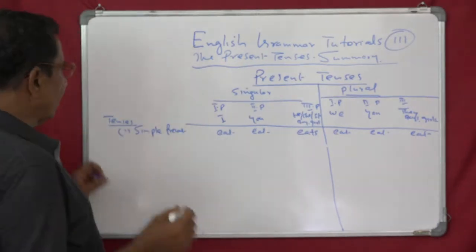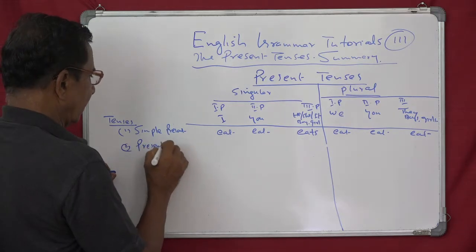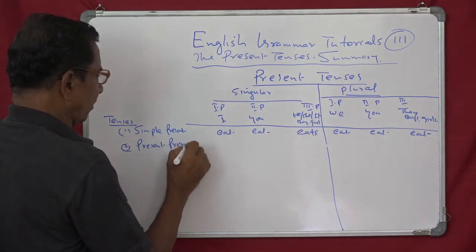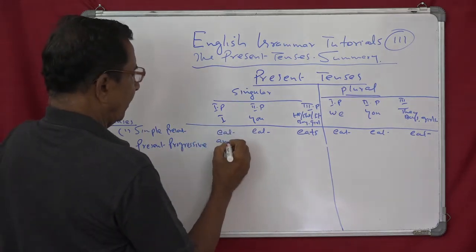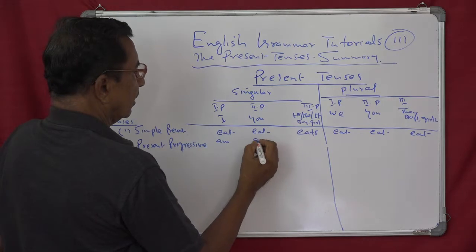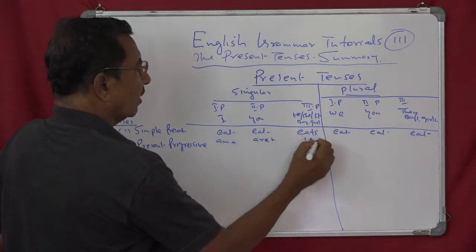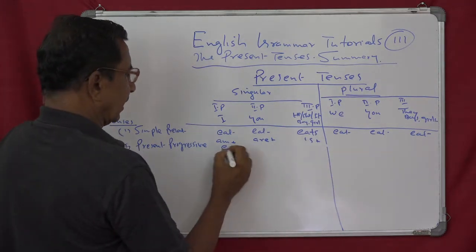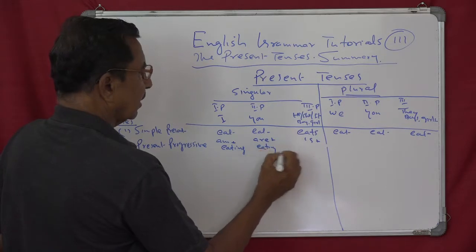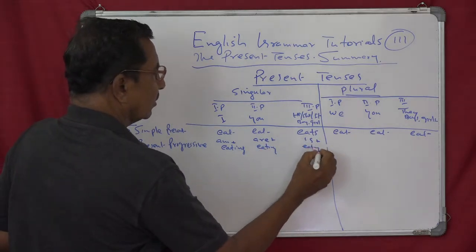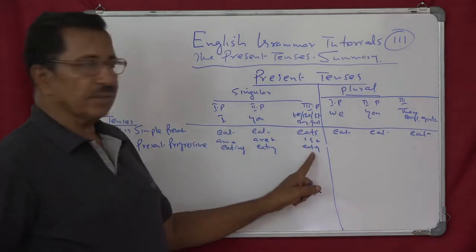Alright. Then the second is present continuous, or present progressive. You can say am, are, is, plus eating. That is the present participle. So the change is only in first person and third person.